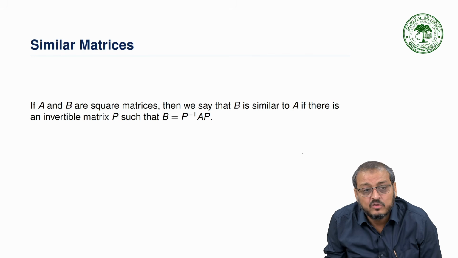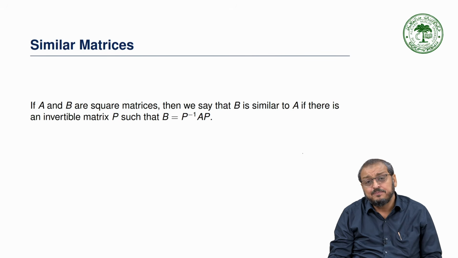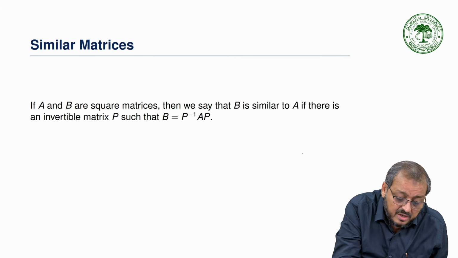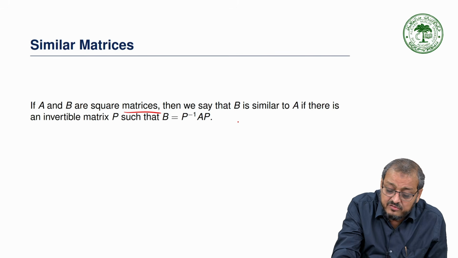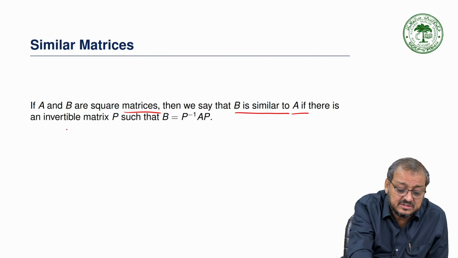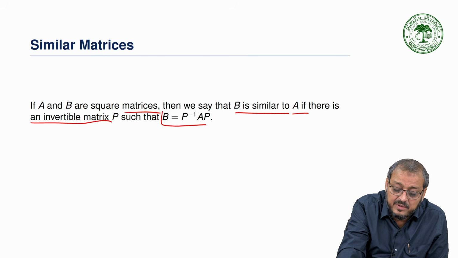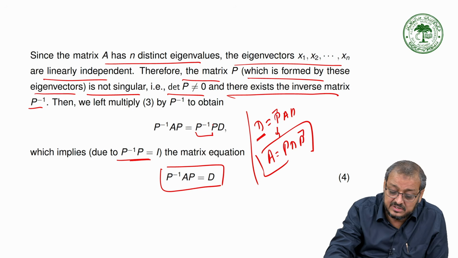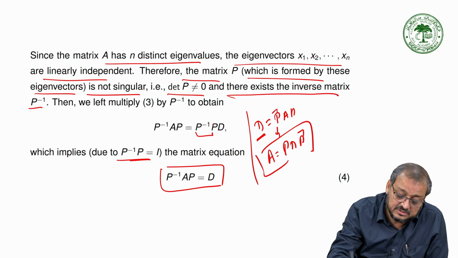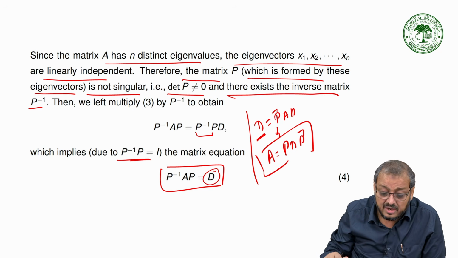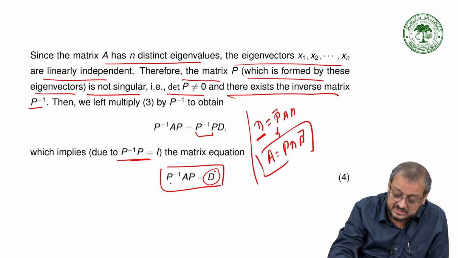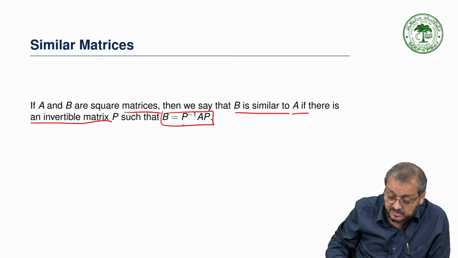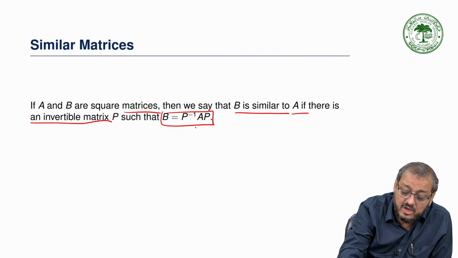Now, the first definition before diagonalization: we can say that these two matrices are similar. If A and B are square matrices, we say that B is similar to A if there exists an invertible matrix P such that B can be written as P inverse A P. So if we replace the diagonal matrix D with a matrix B written in the form P inverse A P, then B is similar to A, or vice versa.